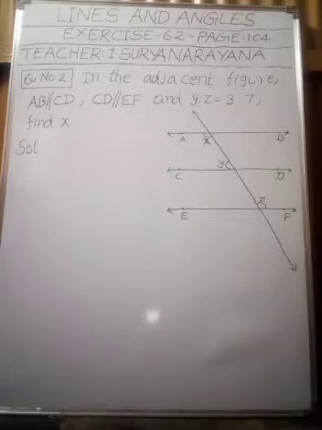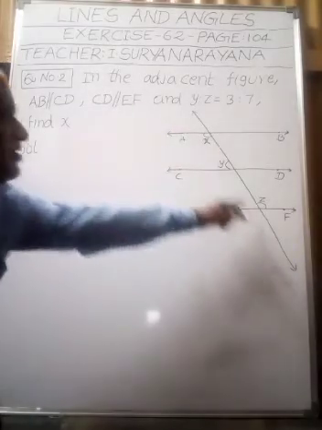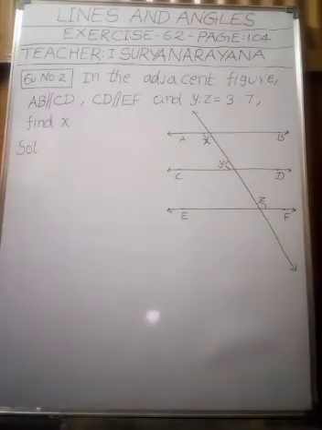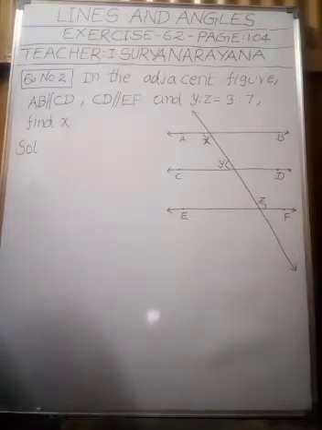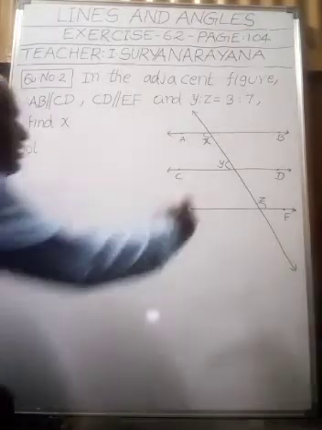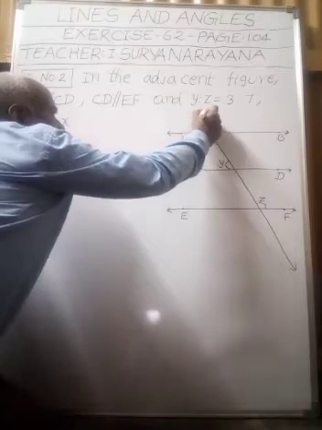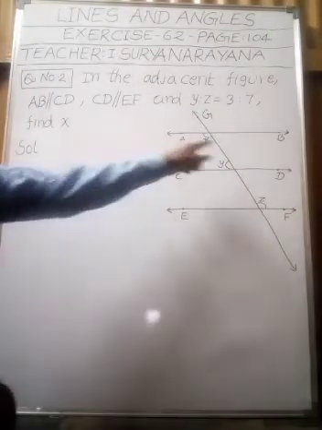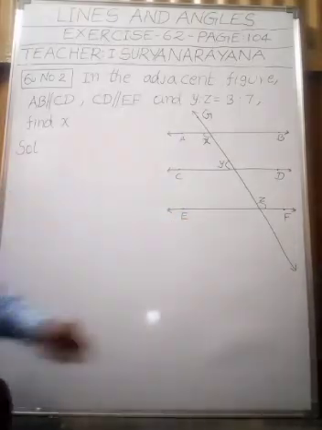To solve this question, let us take some more points for our convenience on the transversal. This is the transversal. No points are there, so let us name some points on this transversal. A, B, C, D, E, F letters are already there.